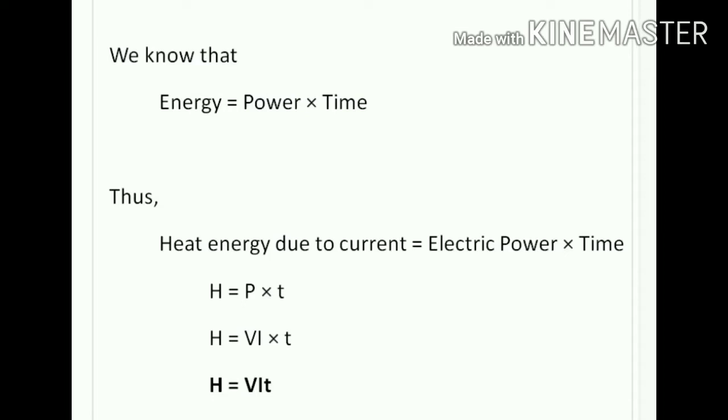As we know, P or power is given as V × I, that is potential difference into current. So, heat energy or heat effect is given by the formula V × I × T.